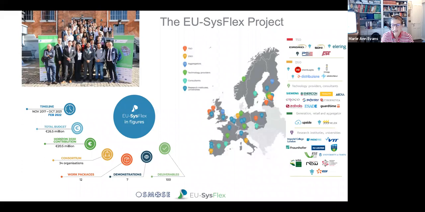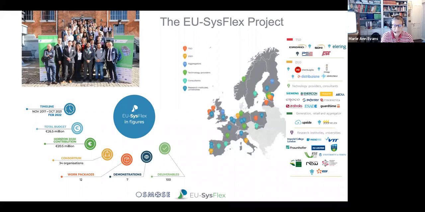Similar to OSMOSE, as Nathalie was saying, it's answering a call on low carbon energy and the flexibilities to be introduced and developed in the future power system with 50% renewable energy. As you can see, it's a large consortium, a large project with 34 organizations, from TSOs to DSOs, aggregators, technology providers, and of course research institutes and universities.